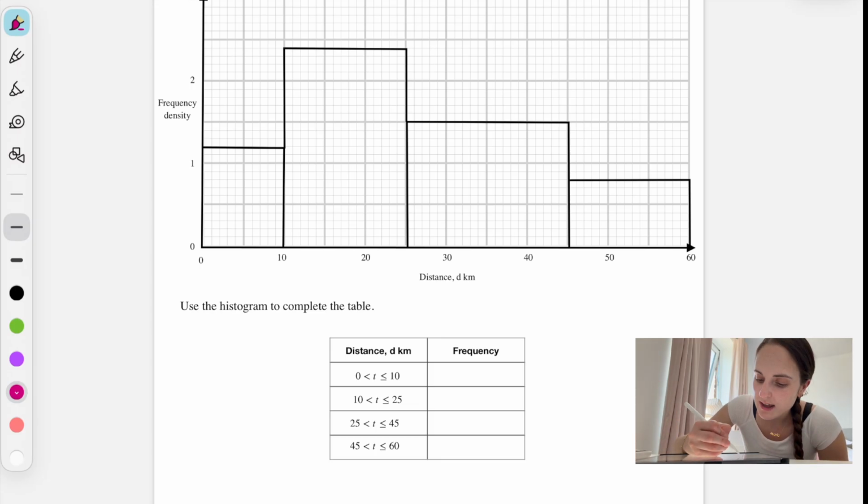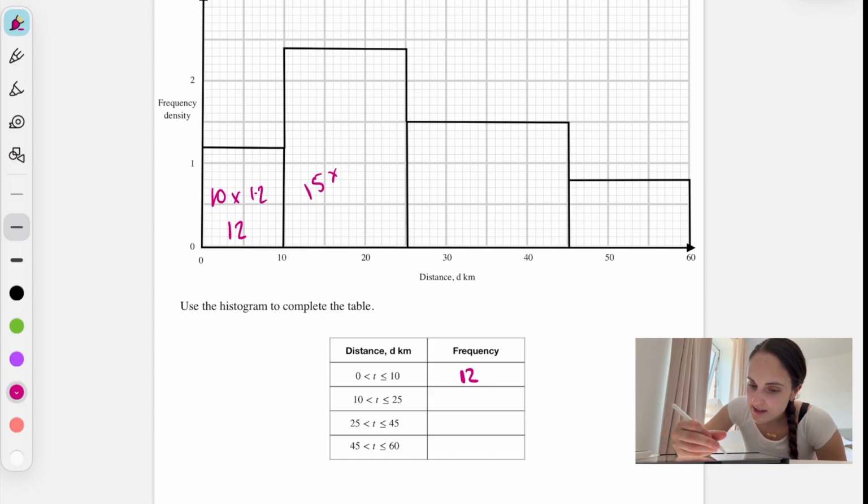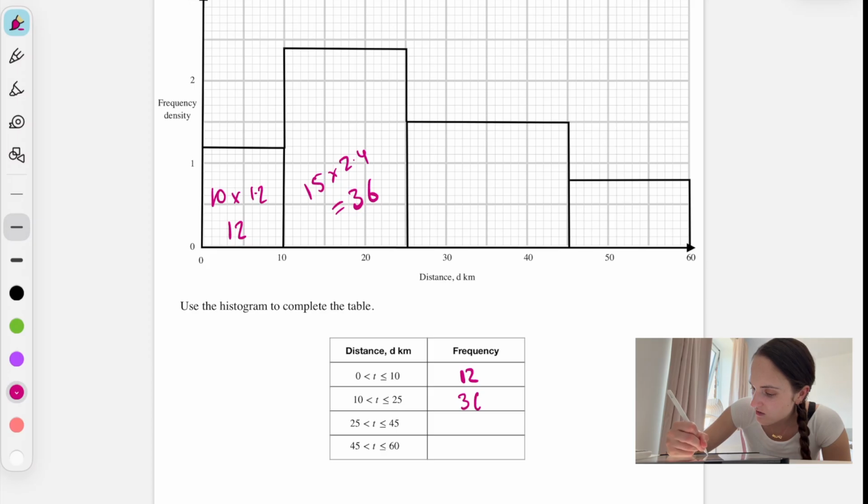So this first one here, the base is going to be 10 and the height is 1.2. So the area of this one is 12, and therefore the frequency between 0 and 10 is going to be 12. The next one, the base is going to be from 10 to 25, so that's 15, and the height is 2.4, so 15 times 2.4, and that's going to be 36. So that's going to be 36 for this one.